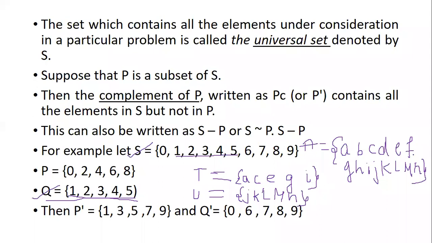Set A is A till N. But T is A, C, E, G, I, and set U is J, K, L, M, N.